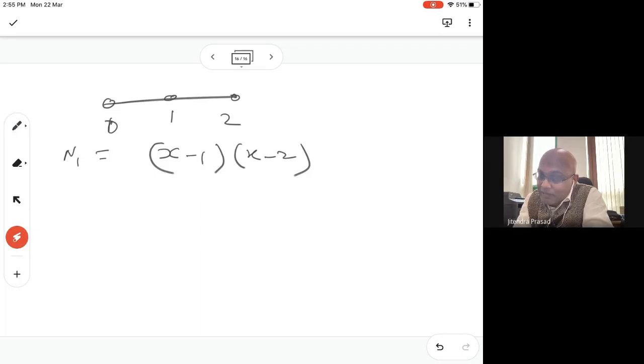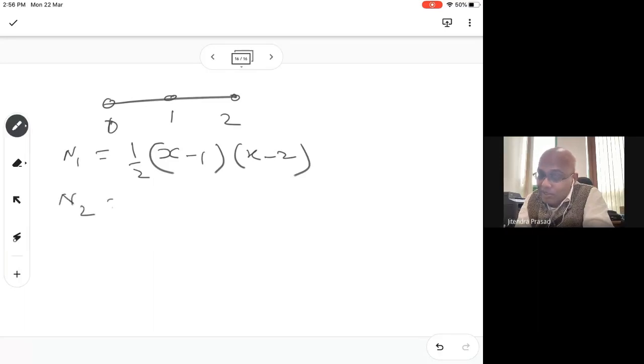Because the N1 will be 1 here and 0 here and here, and then you put 0 here. You will have 0 and 0, you get minus 1 multiplied by minus 2, so 2 divided by 2, so your value is 1. So you can also write in terms of x directly, so that way you don't have to do minus 1 to 1, you can directly do 0 to 2, right? You can also work like this.